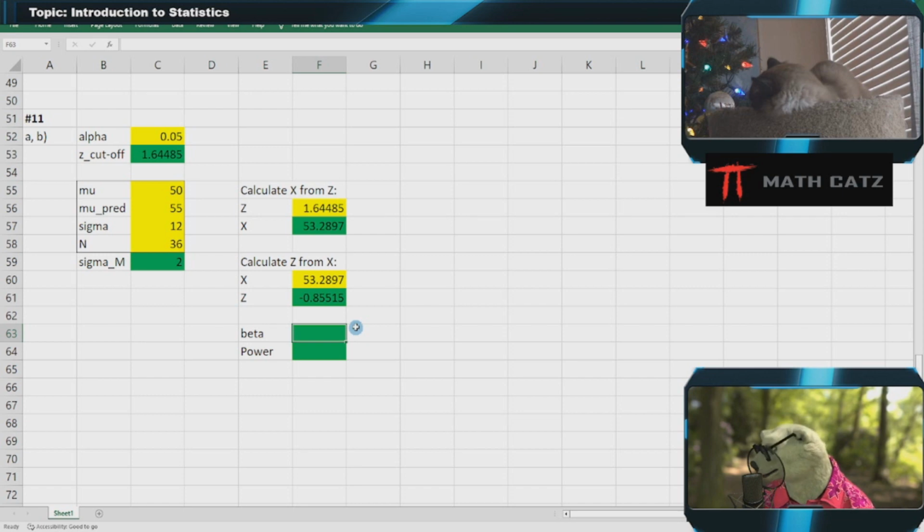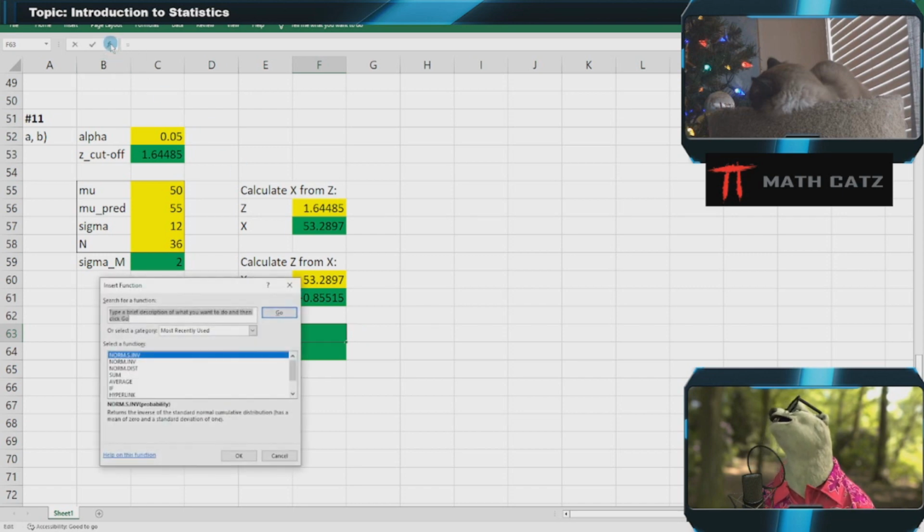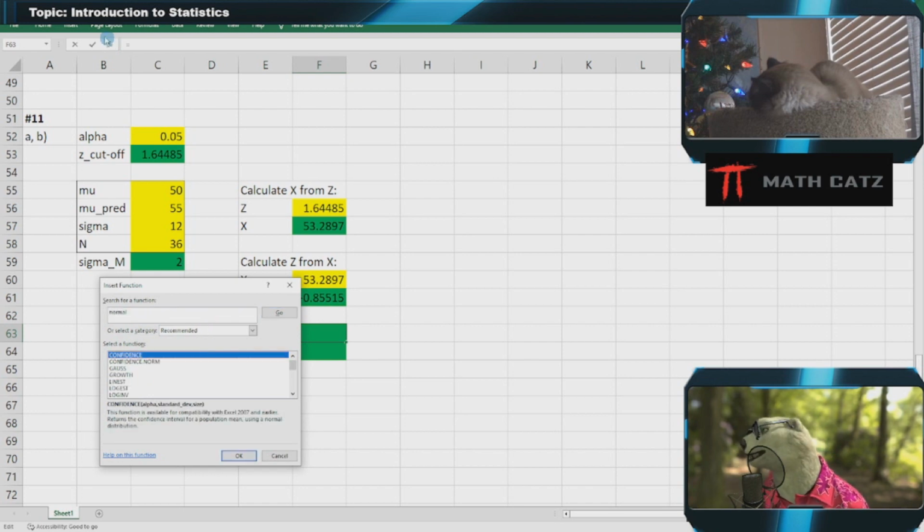So let's see. I'm going to insert a function. So I click up on this insert function, and maybe I don't know exactly what the function name is. I'm just going to search for normal, and you get used to what you're looking for. We're looking for a standard normal distribution. So I'm looking for that S. So which one of these is it? Distribution or inverse?